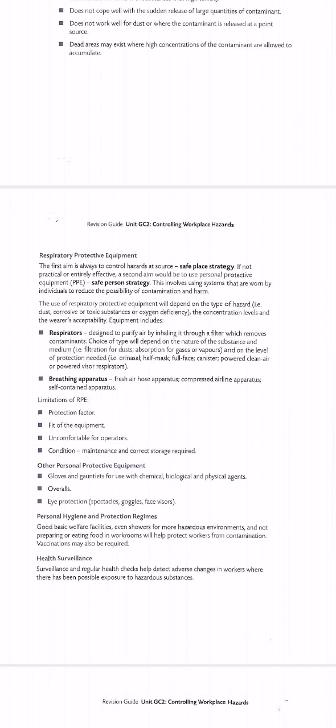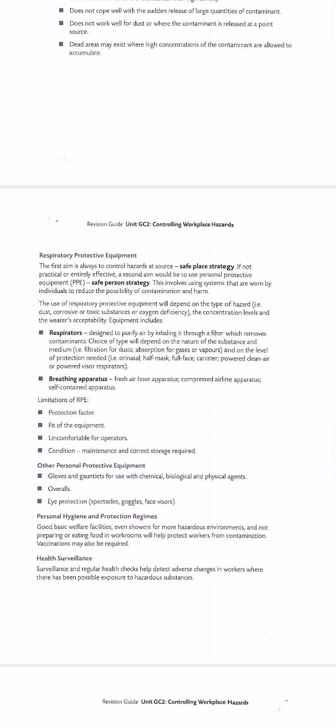The concentration levels and the wearing acceptability of the equipment include respirator. One is respirator and two is breathing apparatus. What is a respirator? A respirator is designed to purify the air, to make the air clean by inhaling it through a filter which removes the contaminants. The choice of type will depend on the nature of the substance and medium.